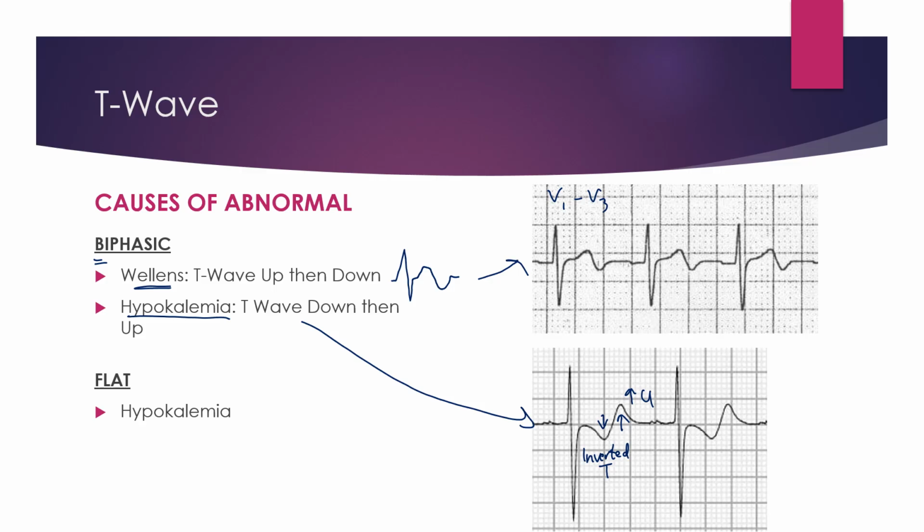So whether you hear it as a biphasic T where it's negative and then positive, or an inverted T and a positive U, those are both indicative of hypokalemia. Sometimes hypokalemia can also present with flattening of the T wave as well, something like that.